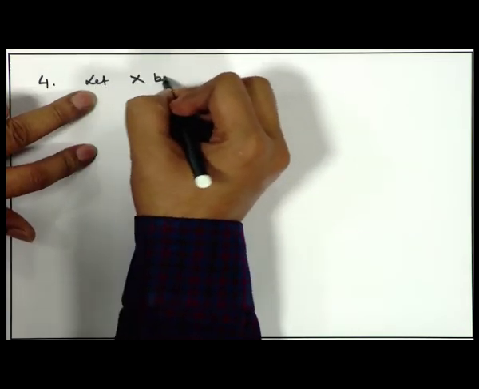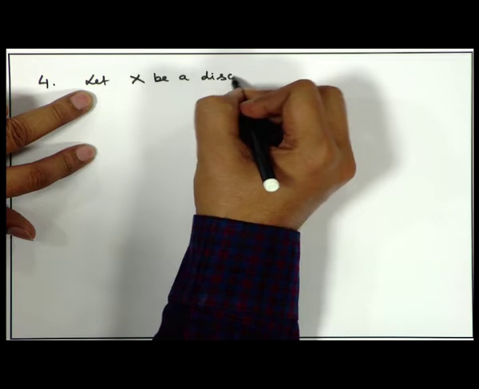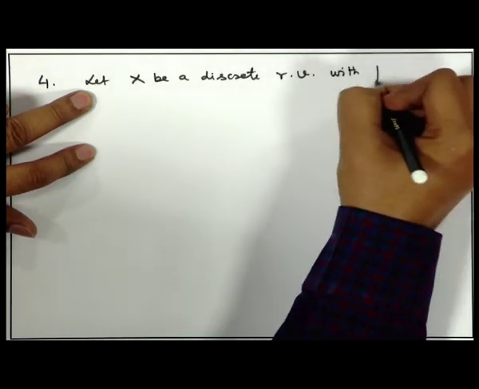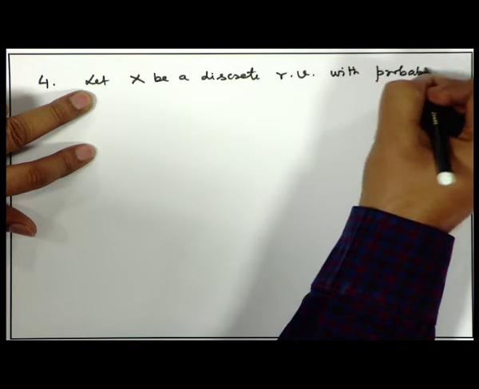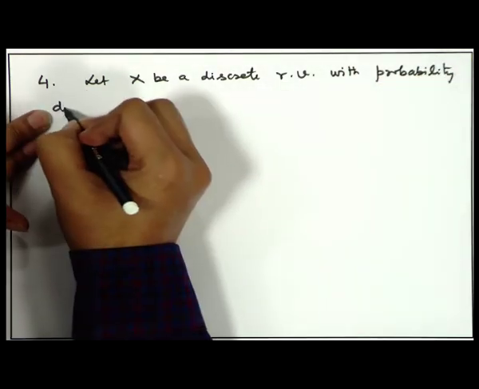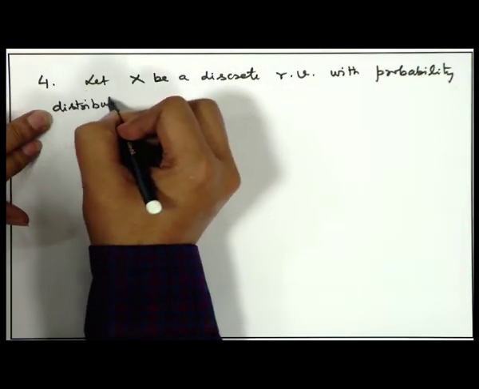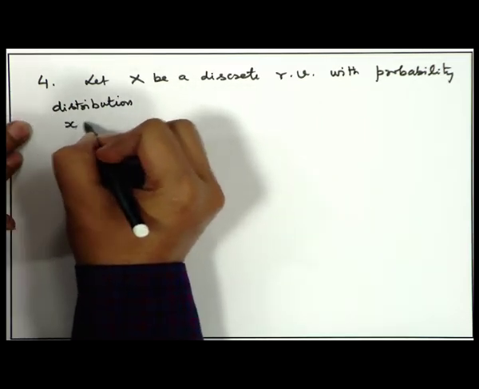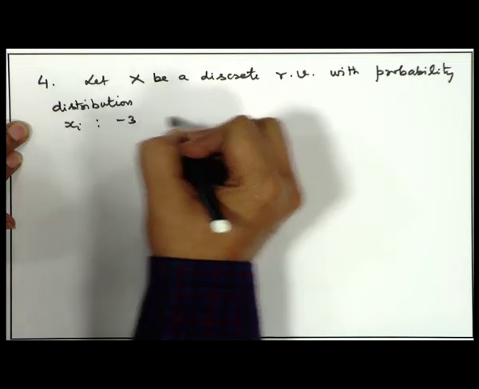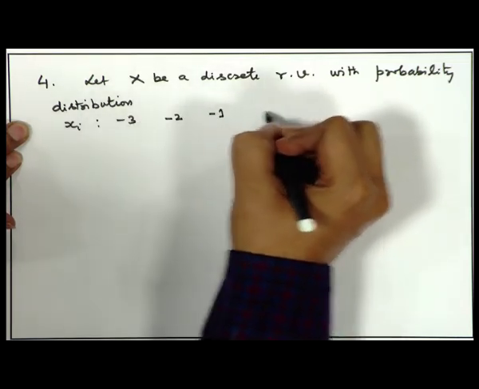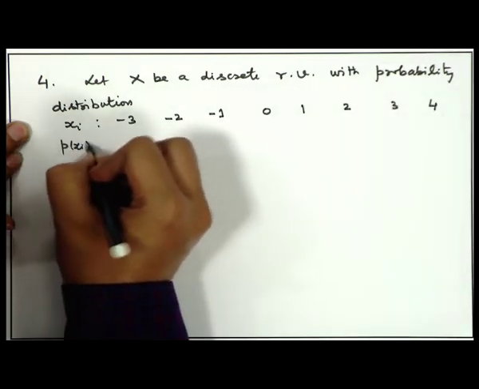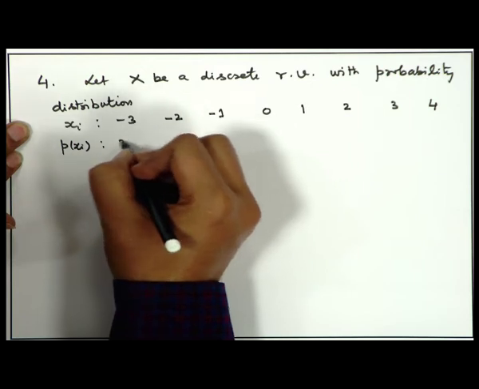Let x be a discrete random variable with probability distribution. It takes values xi: minus 3, minus 2, minus 1, 0, 1, 2, 3, 4, and the corresponding probabilities are 2k² for minus 3.